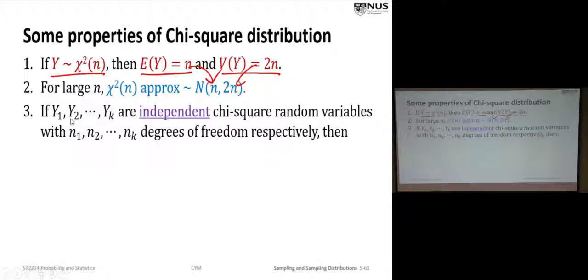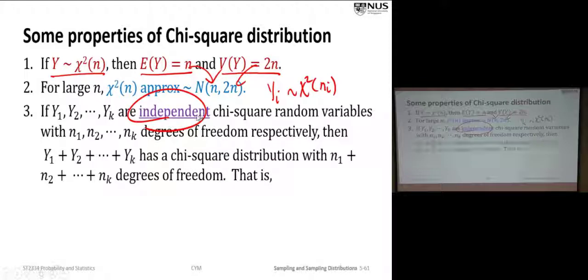It says that if you have Y1, which is chi-square with degrees of freedom n1, and Y2, which is chi-square with degrees of freedom n2, and they're independent, then the sum will again be a chi-square distribution with degrees of freedom equal to the sum of the degrees of freedom.